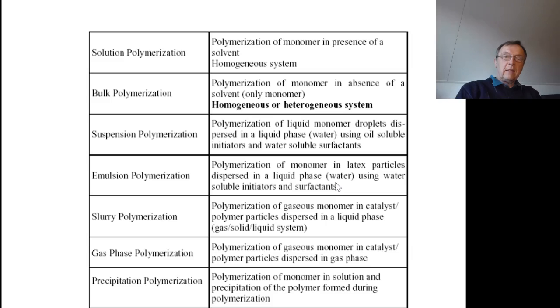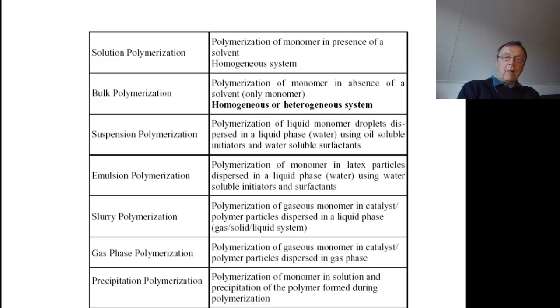So on the one hand, this surfactant stabilizes the monomer droplets, and on the other hand, it forms micelles inside the aqueous phase. And now we add a water-soluble initiator, and this water-soluble initiator enters these micelles. And now the polymerization starts inside the micelles, and very small polymer particles grow inside the micelles, let the micelles swell, and in the end, we produce something that we name a latex.